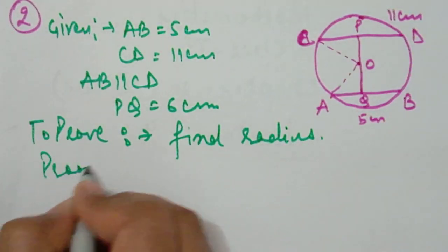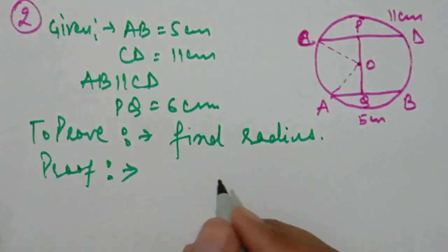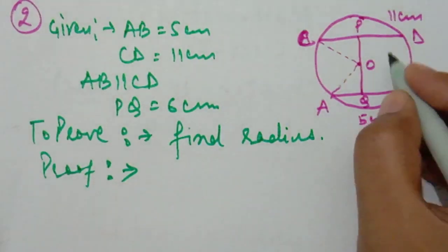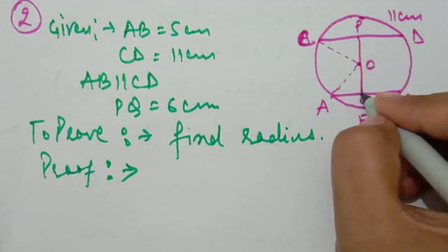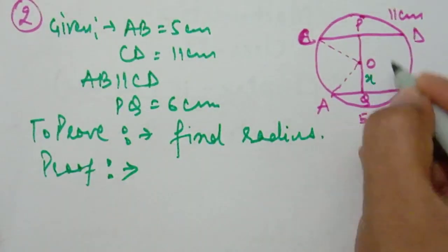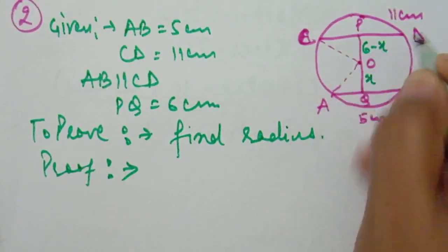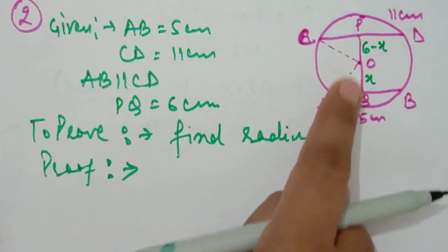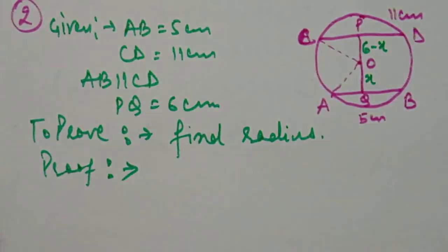Proof. So students, if this complete side is 6, one part is x and the other is 6 minus x. So let OQ be x and OP be 6 minus x.